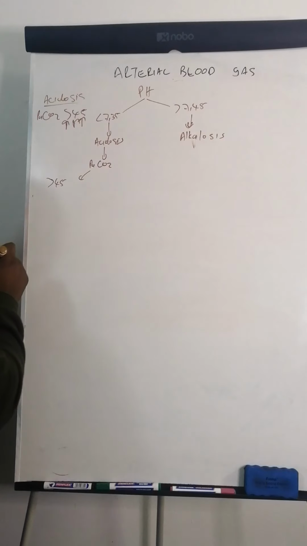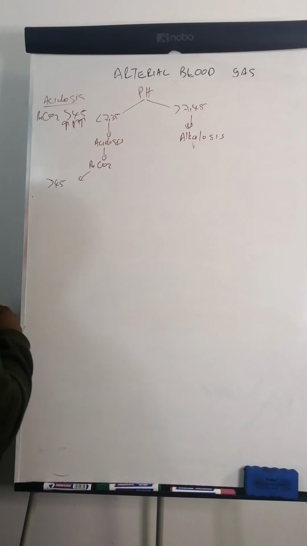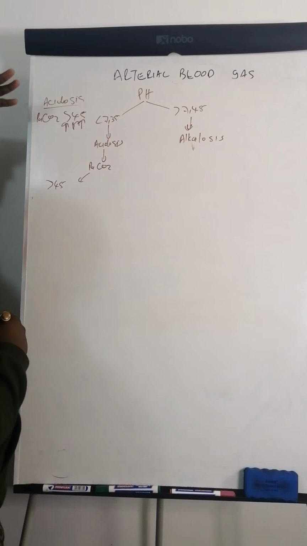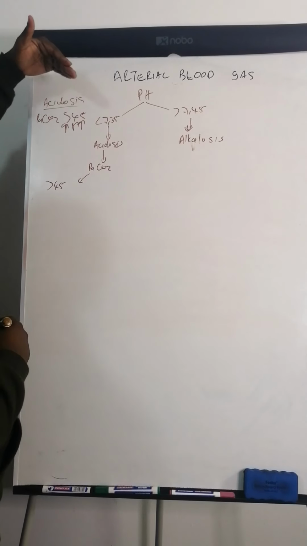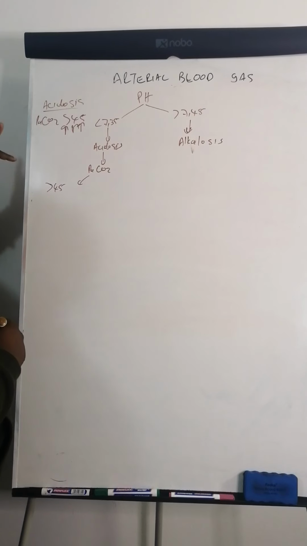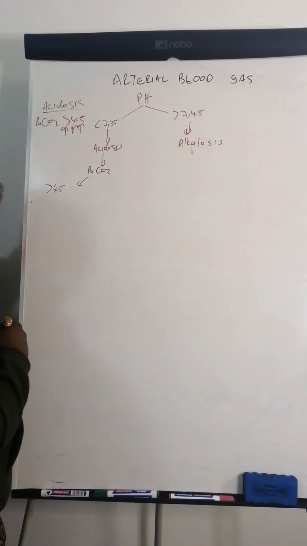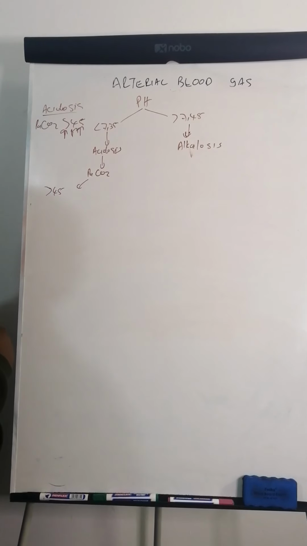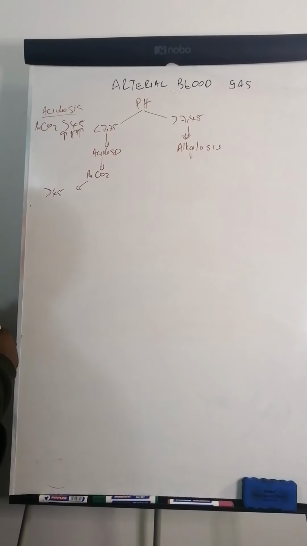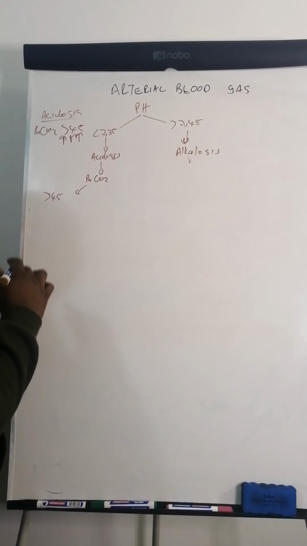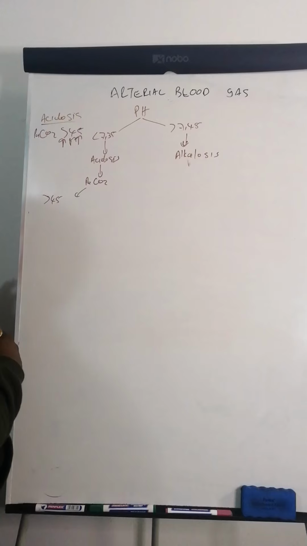So if we have acidosis according to our pH, and then we come to the partial pressure and find that our partial pressure of CO2 is more than 45, then we know that this acidosis is most likely respiratory.